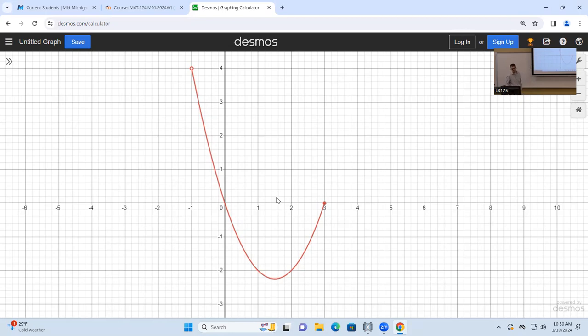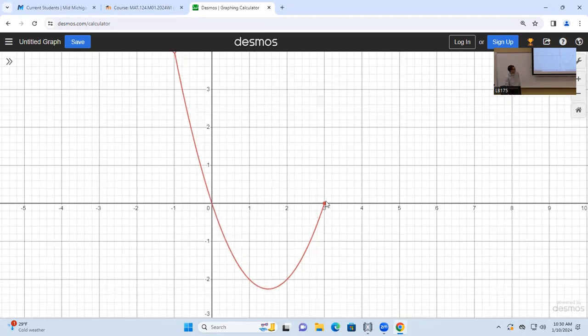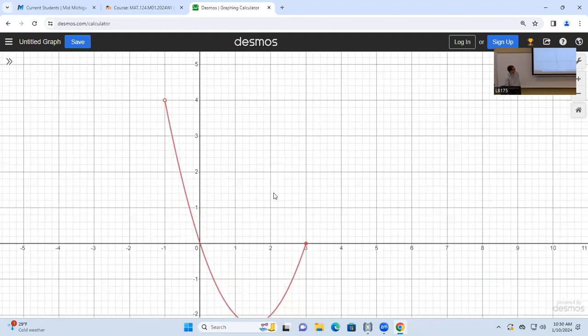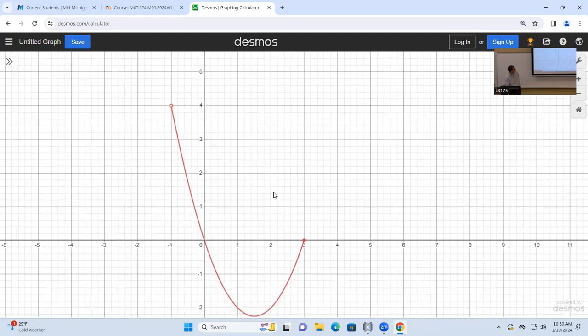Now, I purposefully started and stopped the graph at specific points. You'll notice that the leftmost point is the point (-1, 4). However, there's an open circle at that point.